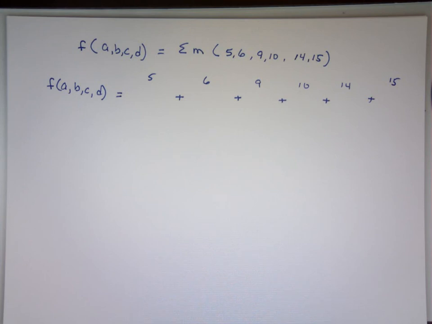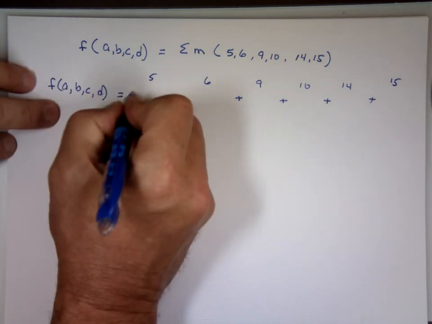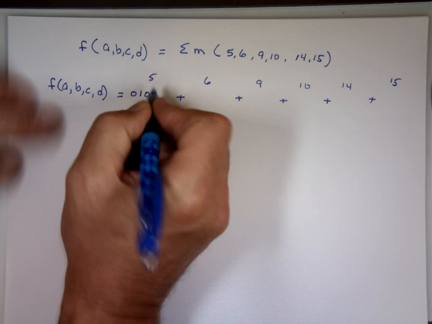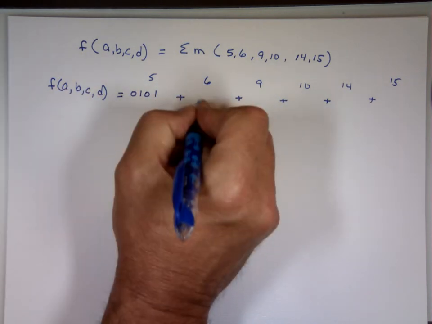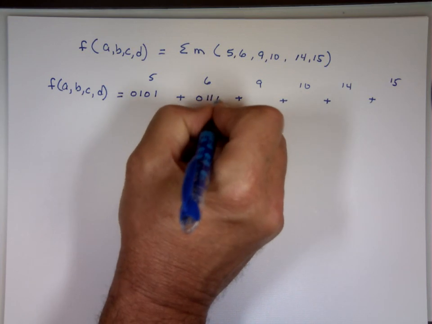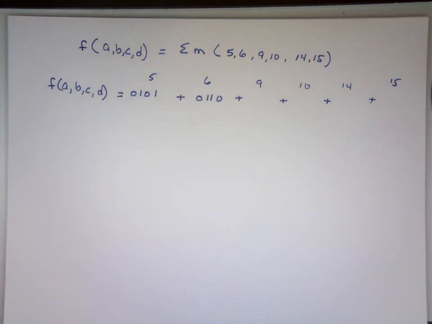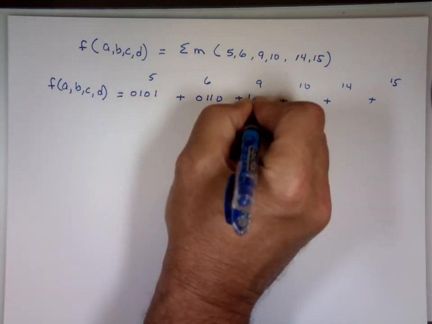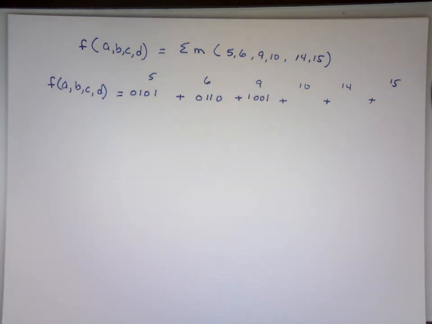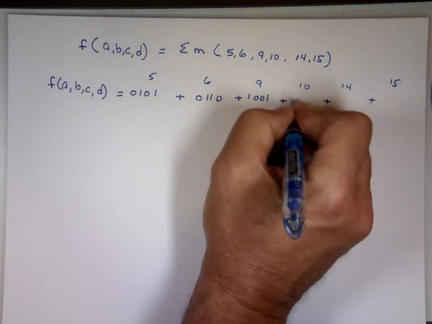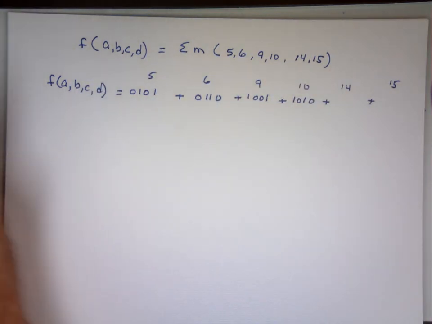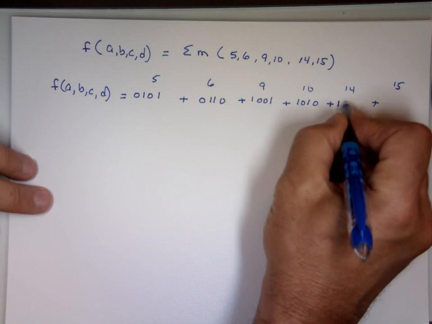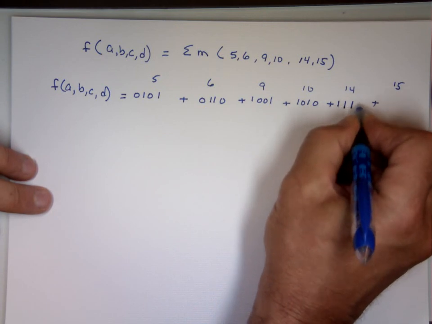Isn't that 0, 1, 0, 1? That's a 5. A 6 is what? 0, 1, 1, 0. A 9 is 8 and 1, 1, 0, 0, 1. A 10, 8 and 2, 1, 0, 1, 0. 14, 8, 4 is 12, 2. And the 15, 1, 1, 1, 1.